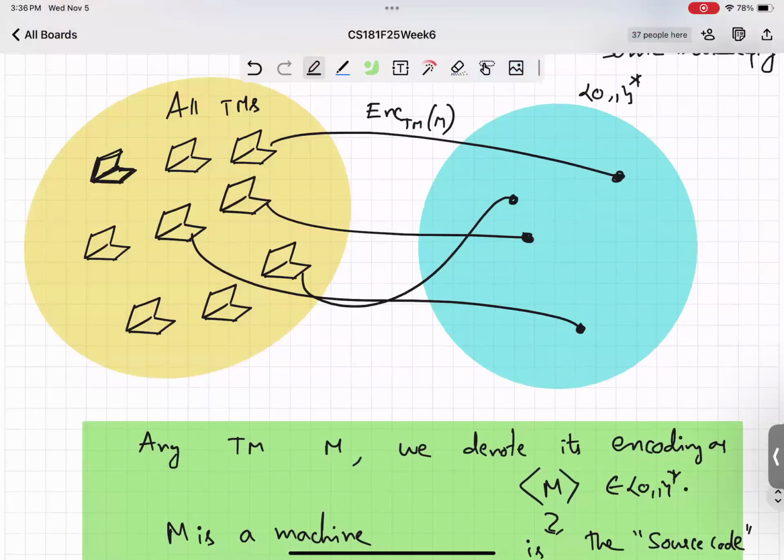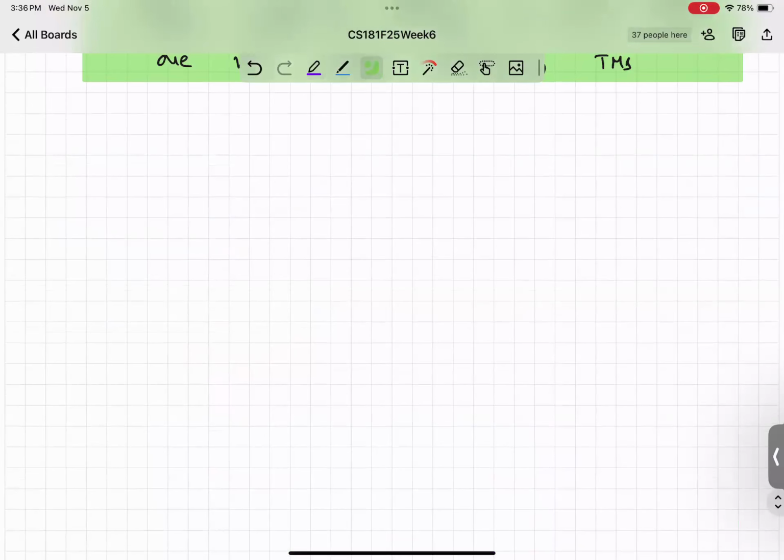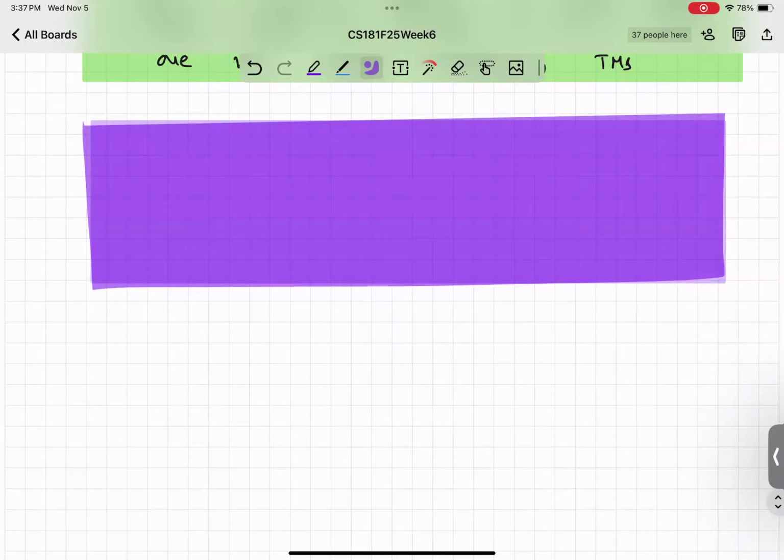Okay, there could be strings in here which never occur as valid encodings. For example, every Python program, you can convert it to a binary string, but not every binary string would correspond to a Python program. They need to have a very specific syntax and so on. Okay, but again, to simplify notation, because otherwise you have to say if it is a valid encoding, do something. If it's not a valid encoding, ignore it, and so on.